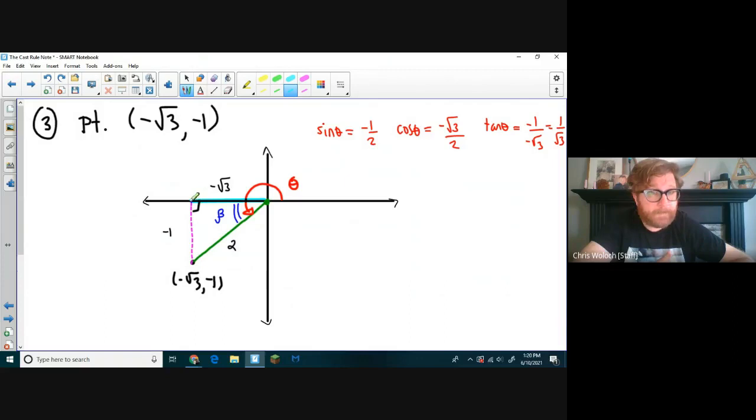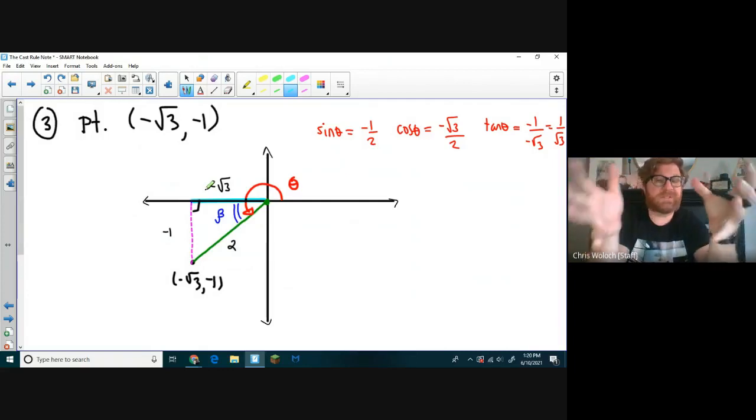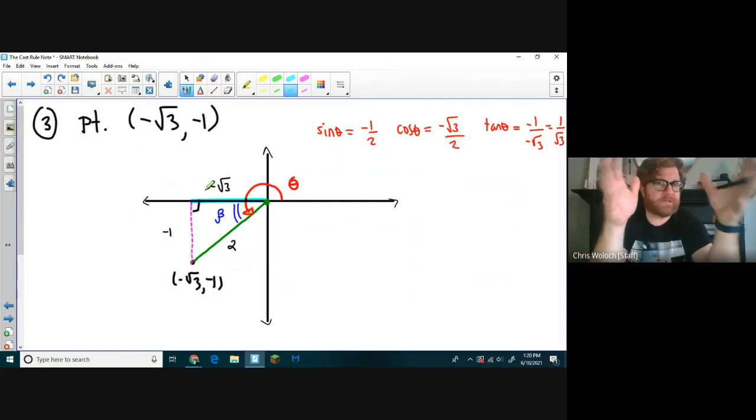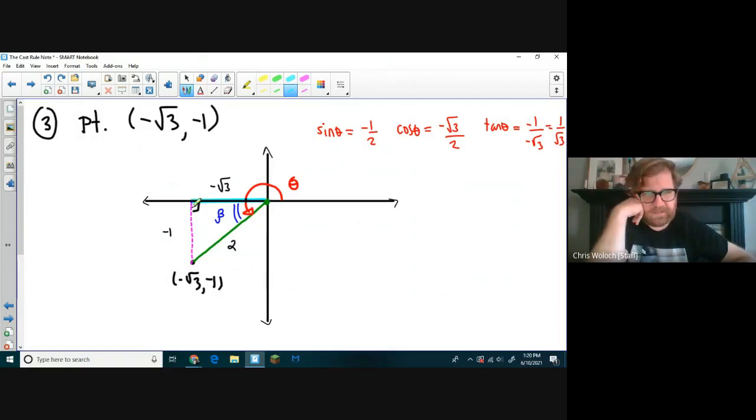But I'm using the negative to put us in a specific part of the xy plane. And the same thing with this. This is 1, but we're using the negatives to let the arm know that it has to swing somewhere where the x value is -√3 and the y value is -1. Does that make sense?